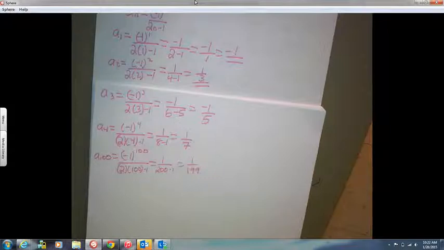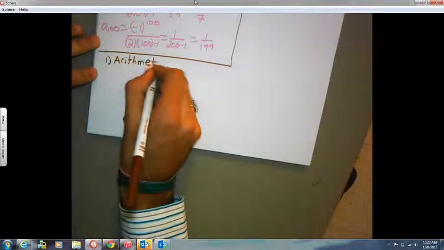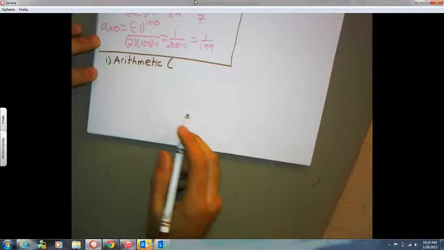Okay. There are 4 types of sequences we will discuss. The first type is called arithmetic. When you see arithmetic, when you're trying to remember it, you want to think about adding. That's the word to help you remember it.